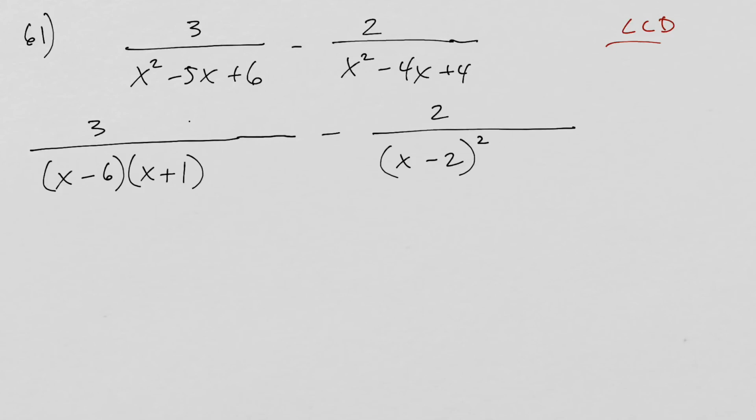Okay, so my different factors that I have are x minus 6, x plus 1, and x minus 2. But this one has an exponent of 2. So my LCD must be x minus 2 squared times x minus 6 times x plus 1.